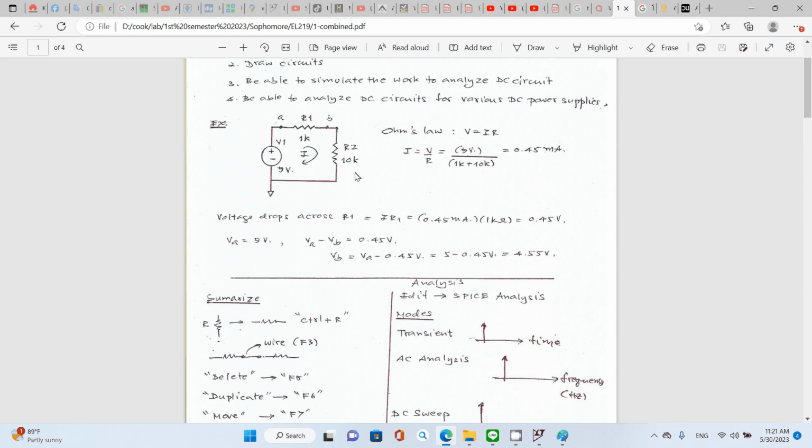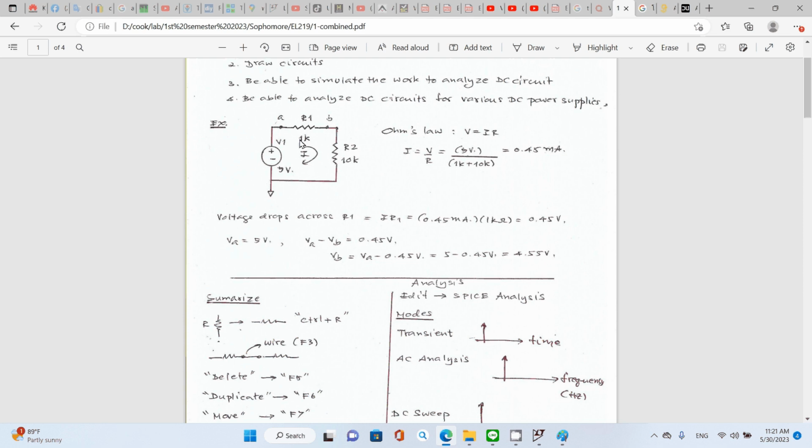By Ohm's law, you know V equals IR, where V is the supply voltage, I is the current in the unit of ampere, and R is the resistance in the unit of ohms. And you can find the current flowing through the circuit.